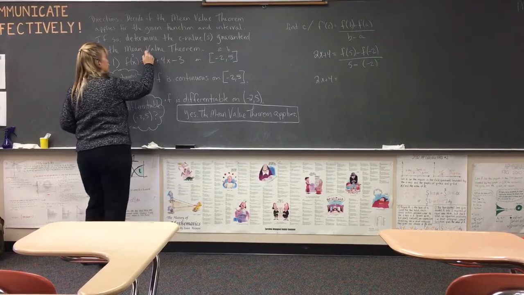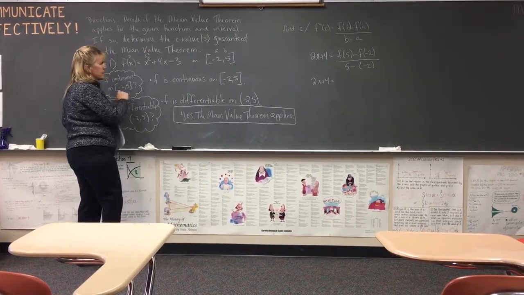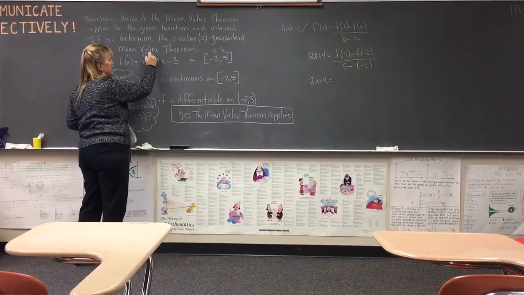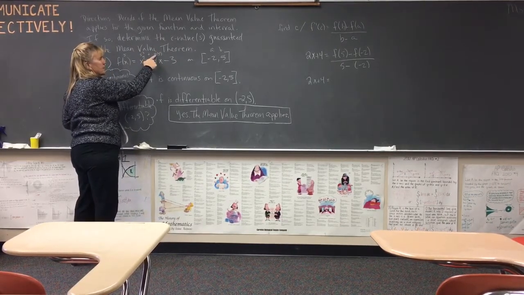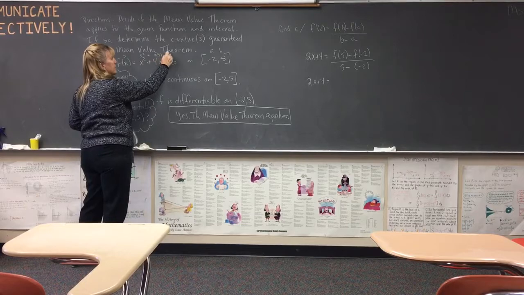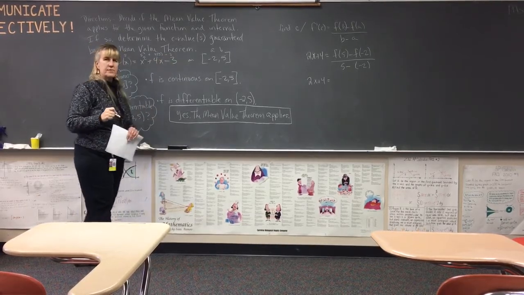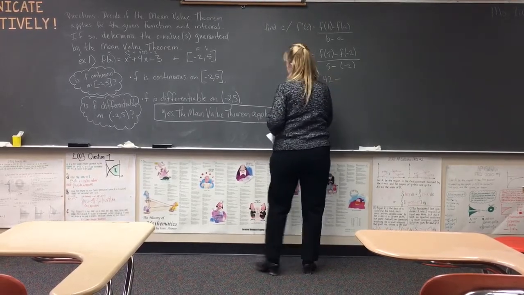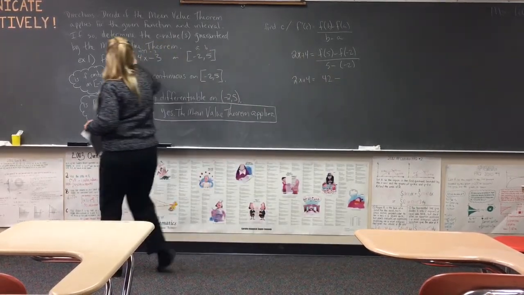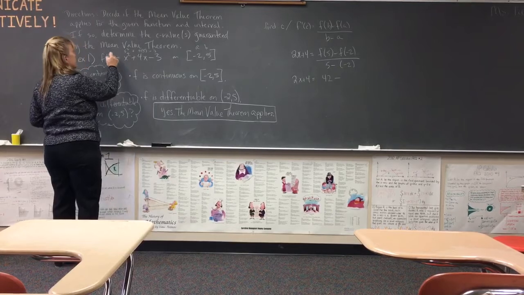Just in my mind, I really don't have to see this work. 5 squared is 25, plus 4 times 5 is 20. So 25 plus 20 is 45. Take away 3, 45 take away 3 would be 42. So f of 5 is 42 minus, now I don't want f of 5 anymore, I want f of negative 2.